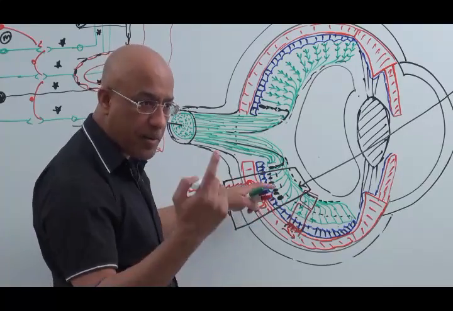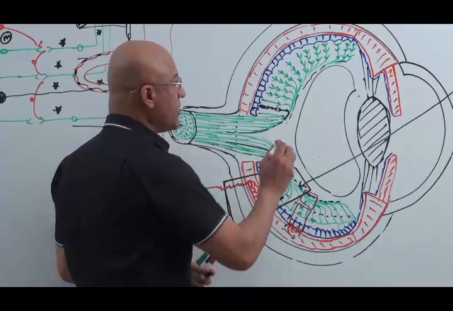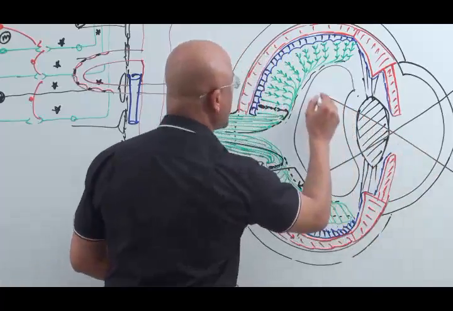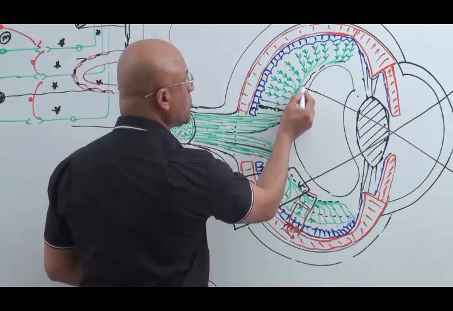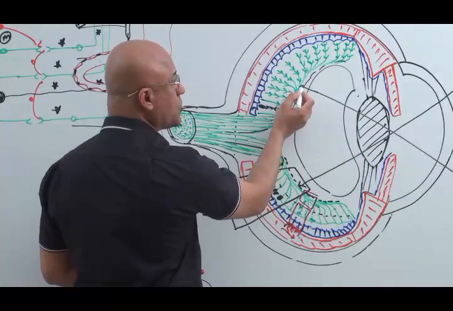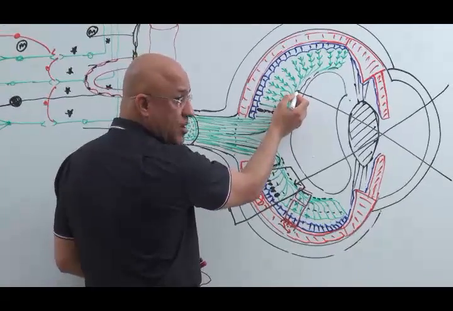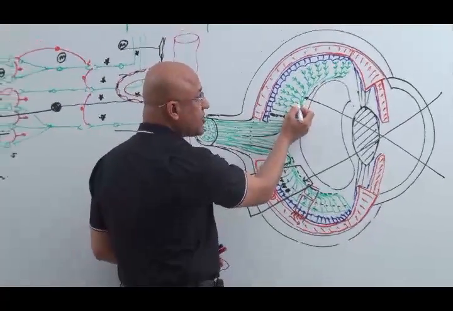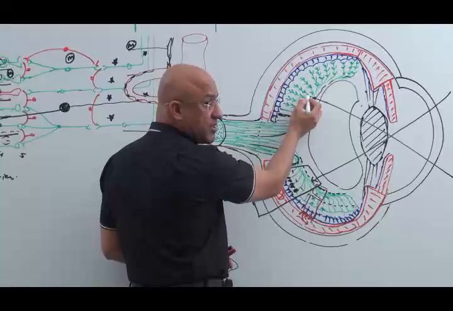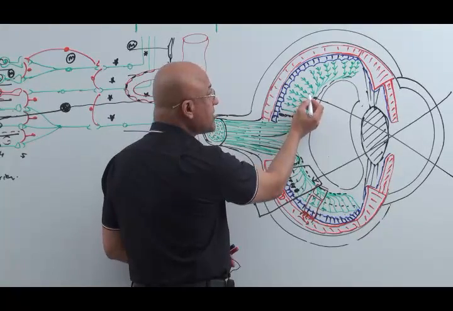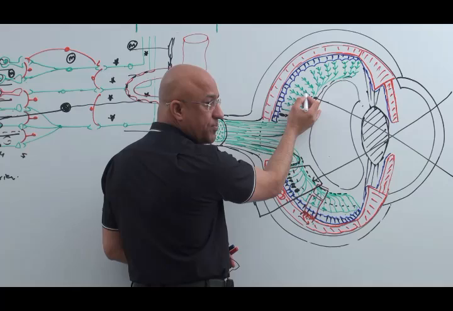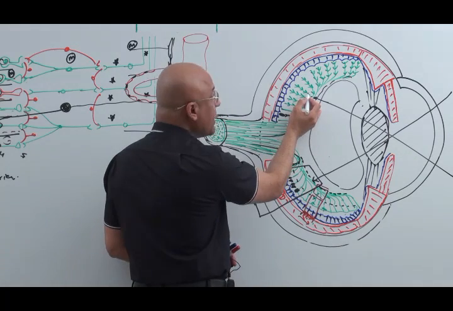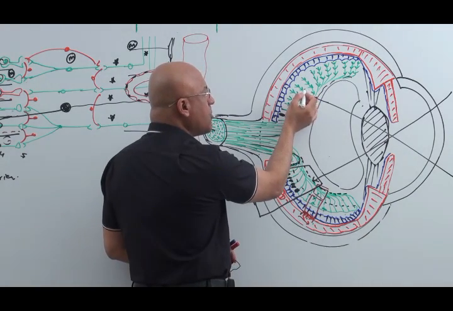retinal pigment epithelium. Why? The reason being, let's suppose the light is coming here, right? Light has to pass through multiple layers. It has to pass through the external limiting membrane, then the ganglion cell layer, then the outer plexiform and inner plexiform layers, then the inner nuclear layer and multiple layers.